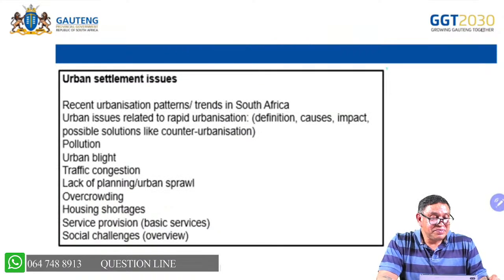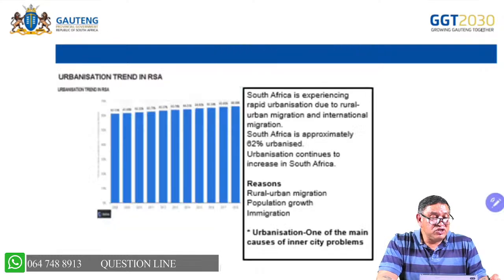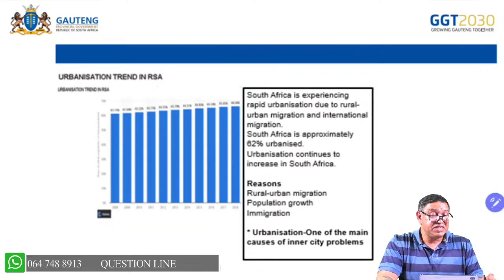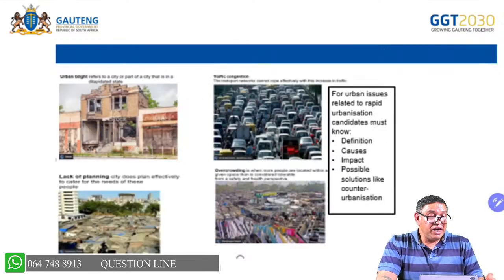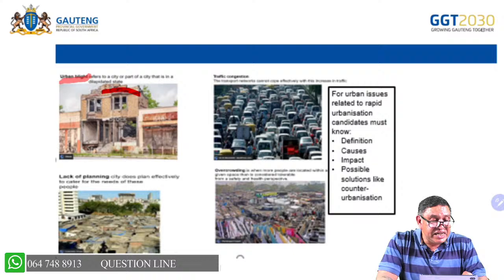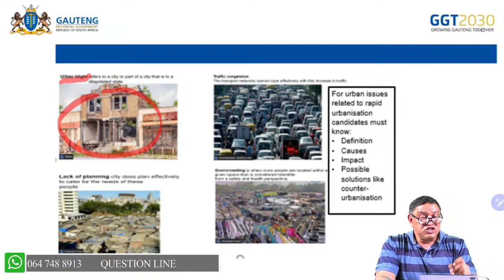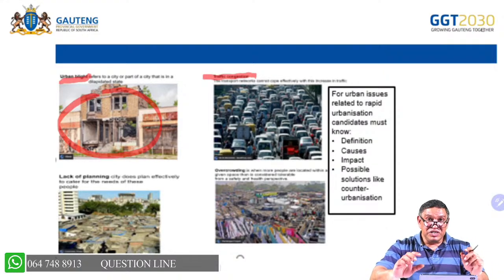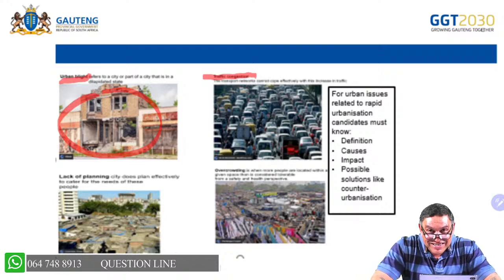Urban settlement issues. We know what urbanization is: the increase in percentage. Urban blight refers to the dilapidated buildings in the transition zone. The factor that you picked up is traffic congestion as an area of concern. Learners, traffic congestion is not too many cars.